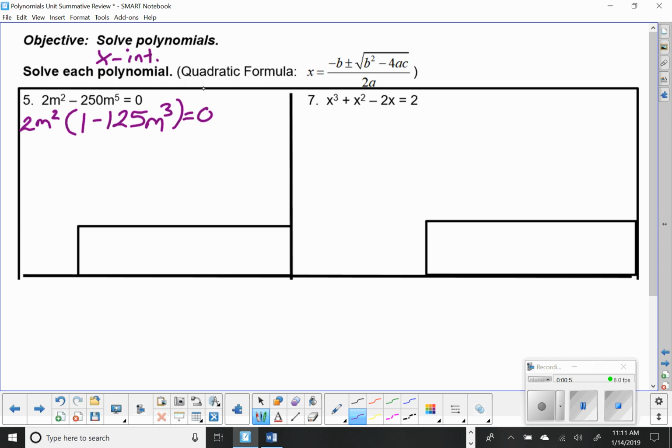My, oh my, I got a difference of cubes. Remember, we're going to use SOAP: same, opposite, always positive. I still have my 2m squared out front, but now I have to factor my difference of cubes.